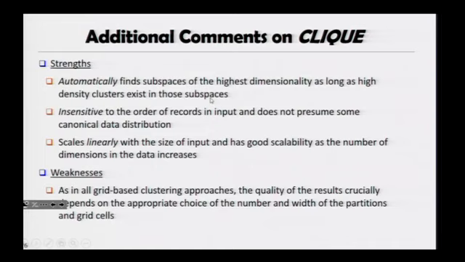So some additional comments on CLIQUE. The strengths of CLIQUE have actually been shown in the previous slides. First, it can automatically find the subspaces of the highest dimensionality, as long as very high density clusters really exist in those high-dimensional subspaces. And it's not very sensitive to the order of the records that you are processing, because they are not assuming any canonical data distribution of the data space.